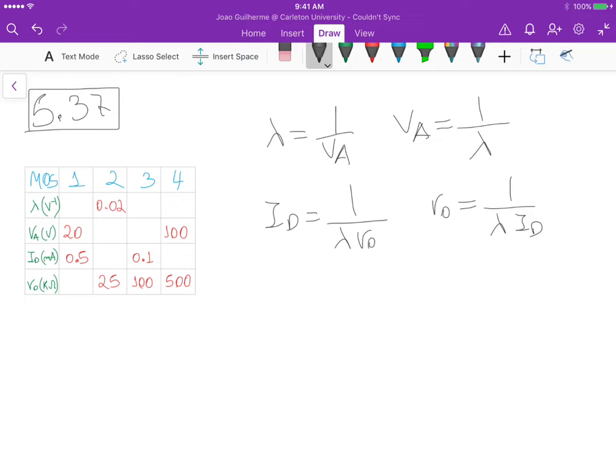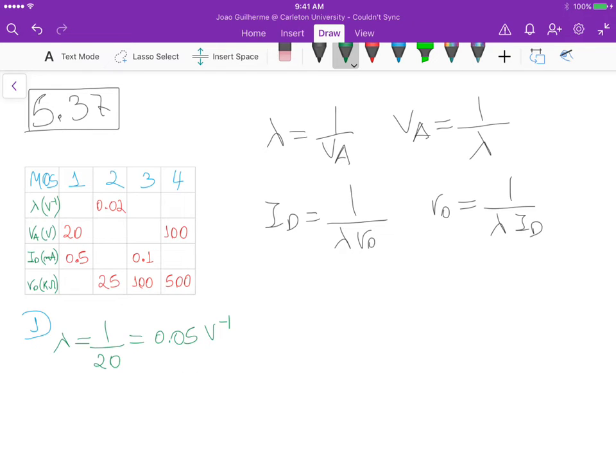For the first transistor, we have the early voltage and the drain current. From the early voltage, we can calculate lambda. So lambda is going to be 1 over 20, and this gives us 0.05 reciprocal volts.